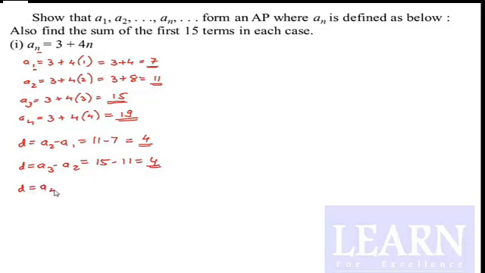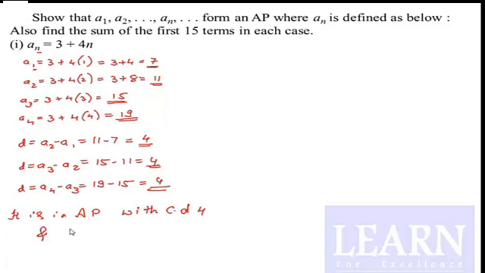D equals A4 minus A3, which is 19 minus 15, which is 4. Now we can see it is in AP, with first term 7 and common difference 4.